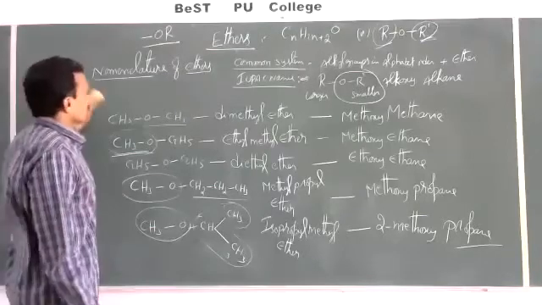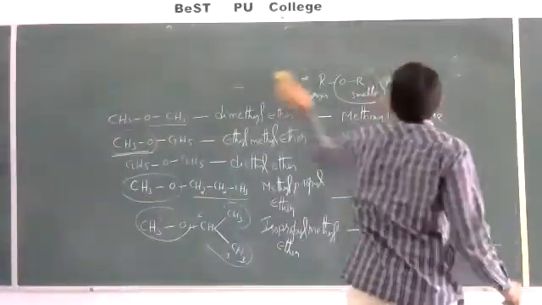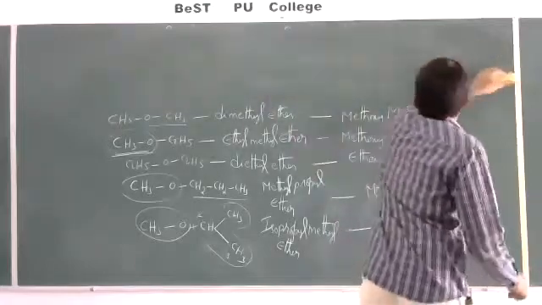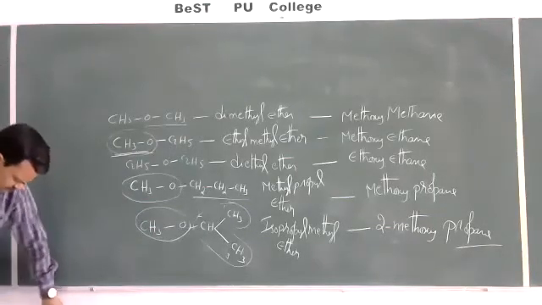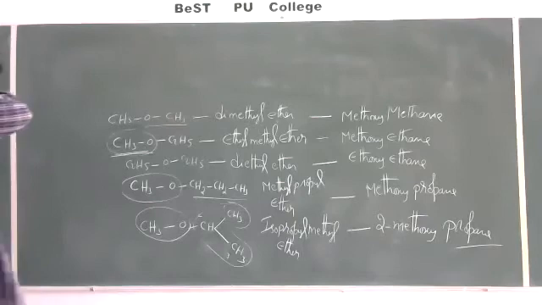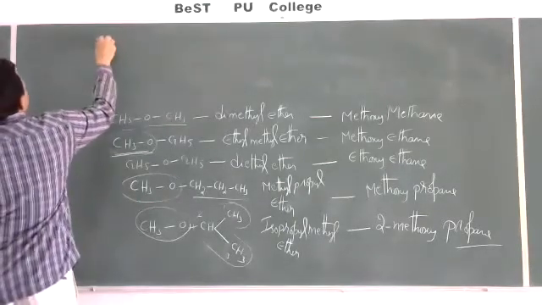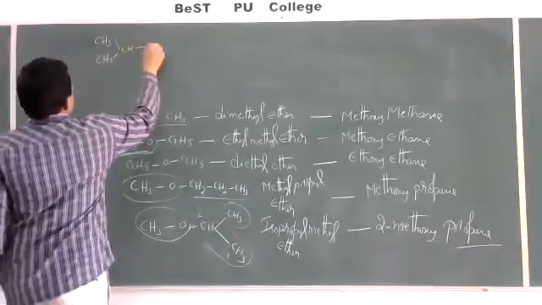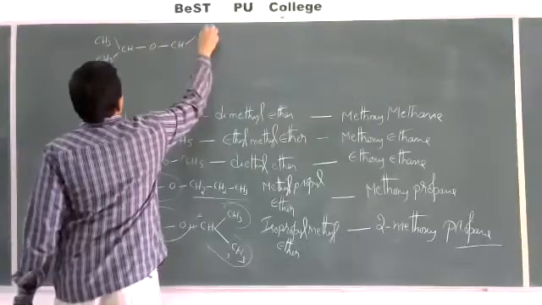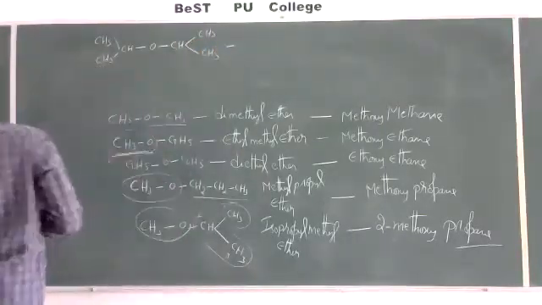Now let us take some other examples. CH3CHOCHCH3CH3. This is a compound.